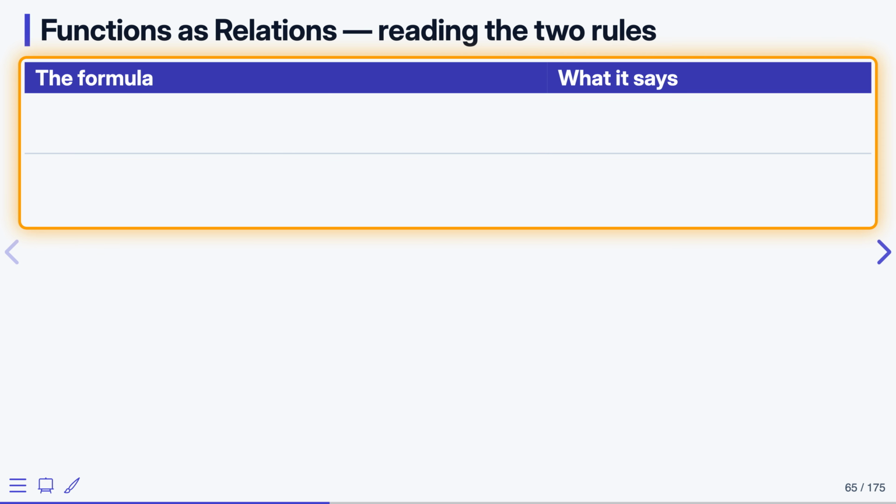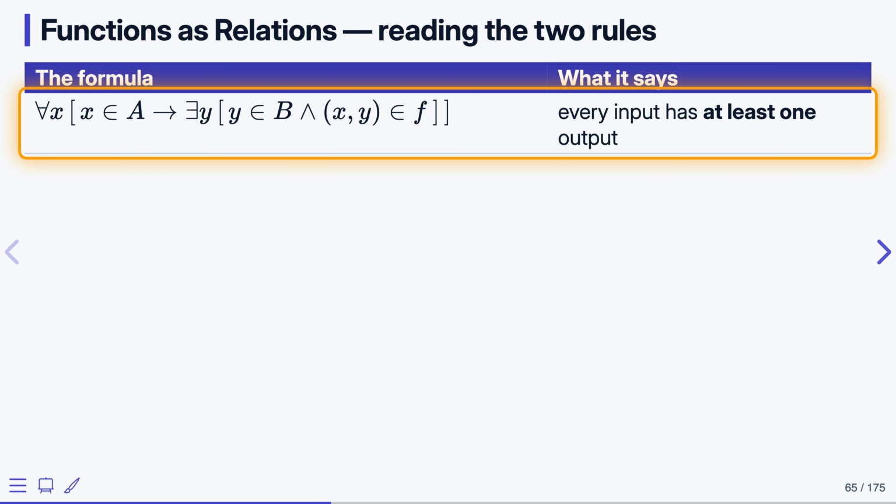Let us read the two rules one at a time. The first formula says, for all x, if x is in A, then there exists a y such that y is in B and the pair x, y is in f. In plain words, every input has at least one output. Nothing in A is left without an arrow.